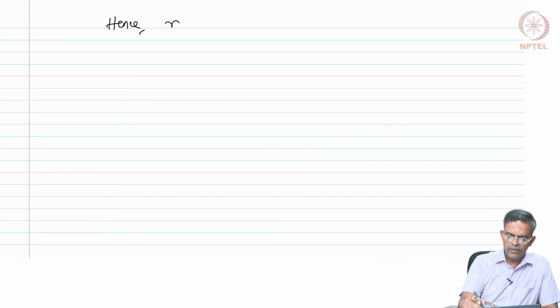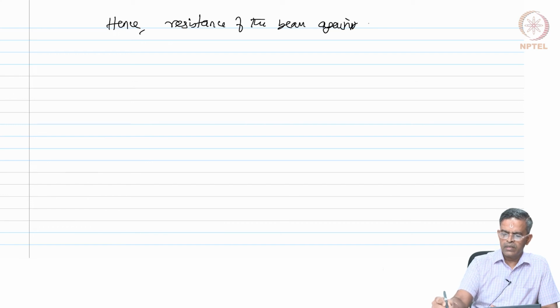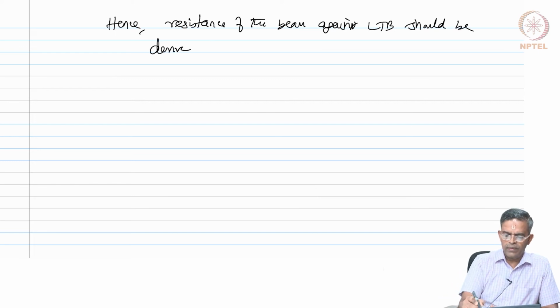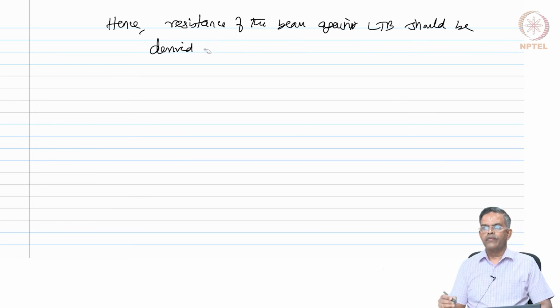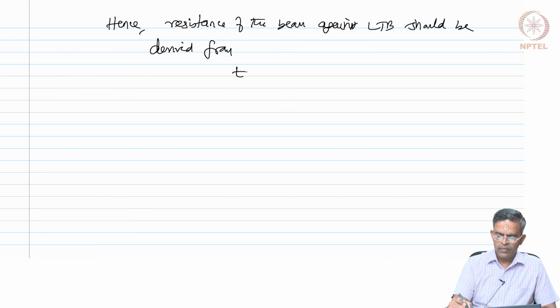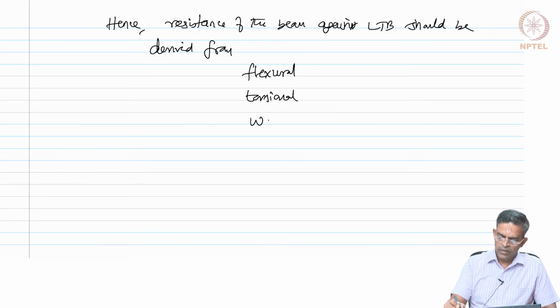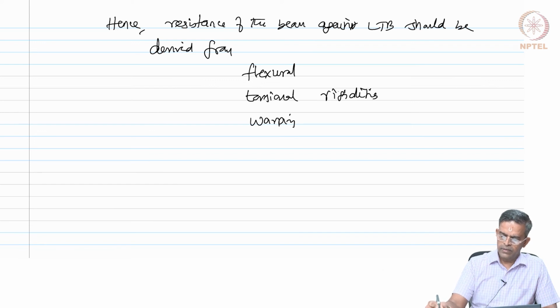Hence, resistance of the beam against lateral torsional buckling should be derived from flexural, torsional and warping rigidities.